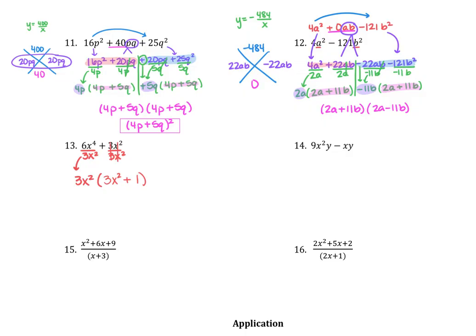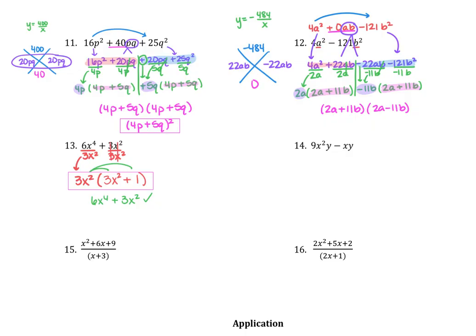So you can easily fix mistakes on this one by doing a quick check. If I distribute, that gives me my 6x to the 4th, and if I distribute that, that would give me my 3x squared. So we know we've done it correctly. If I didn't have the 1 there, it would just give me the 6x to the 4th. Number 14, always going to start first with my GCF.